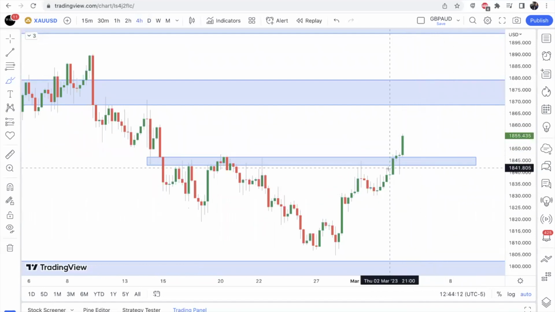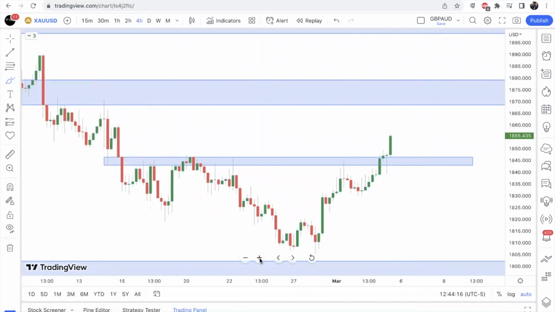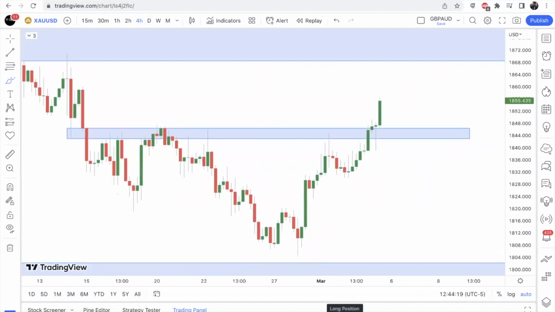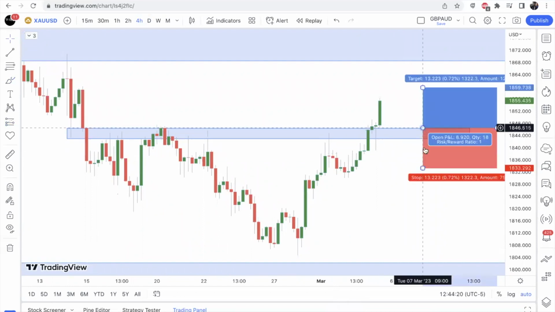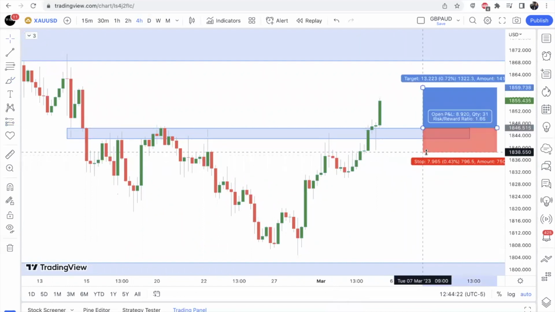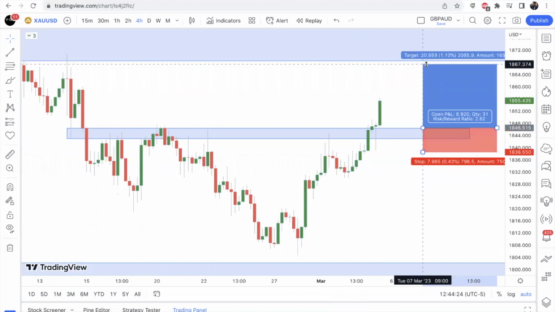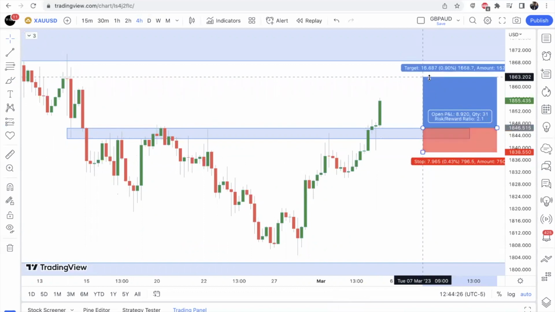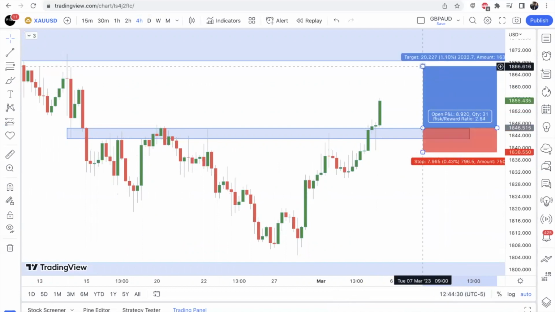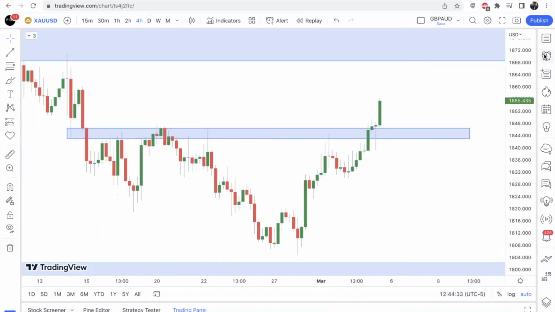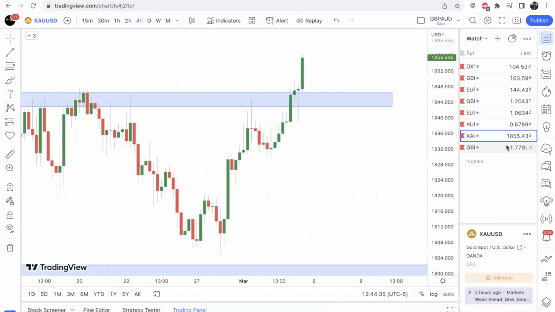Something like that, I would look for price to stay above this wick, this exhaustion. All right. And look for something similar to this. All right. And catch this wave up. All right. So that's gold. I'll wait for a pullback or retest for the continuation up.